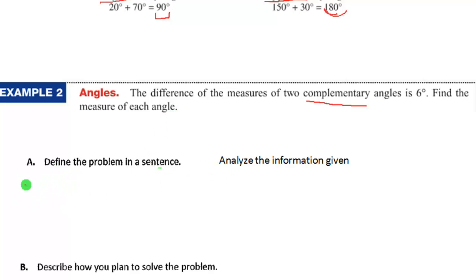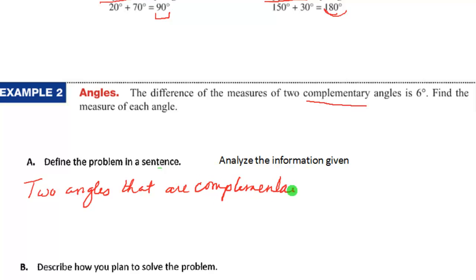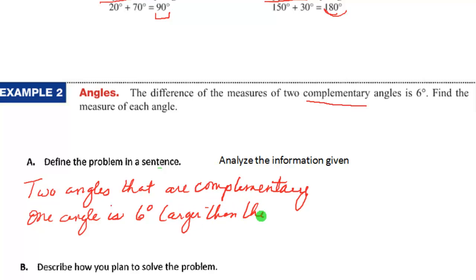We have two angles that are complementary, and one angle is 6 degrees larger than the other, because that's what it means to say that the difference of the measures is 6 degrees.